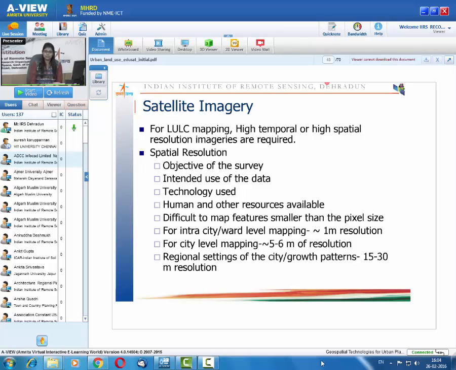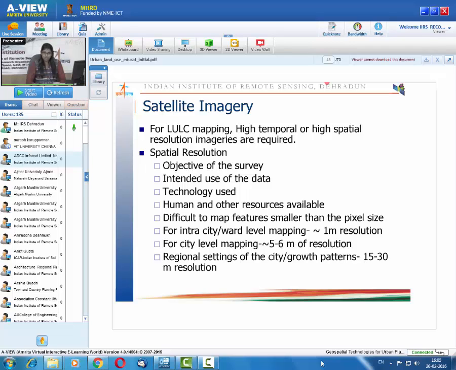For example, we need to see the change in built up in the past decade, that is, in a 10 years interval. So if we have an image of 2003 and an image of 2013, we can easily identify the change in built up over a difference of a decade.